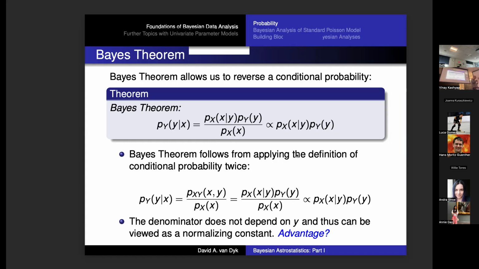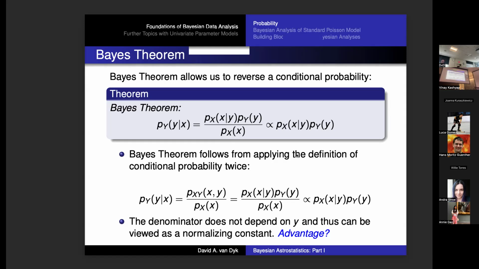Well, I know my data is noisy. Maybe it has Gaussian errors. Maybe it has Poisson errors. So I can write down the distribution, like something about how my telescope works, right? But I want to go from that to the other thing, which says now that I have my data, x, what's the probability that the mass of the star takes particular values? So Bayes' theorem is central to that.